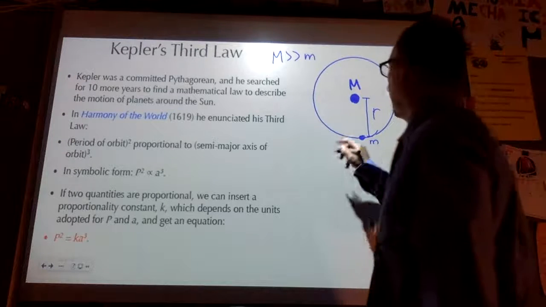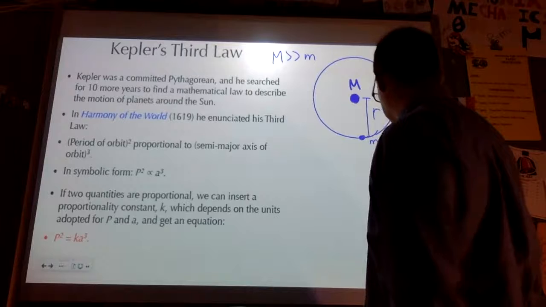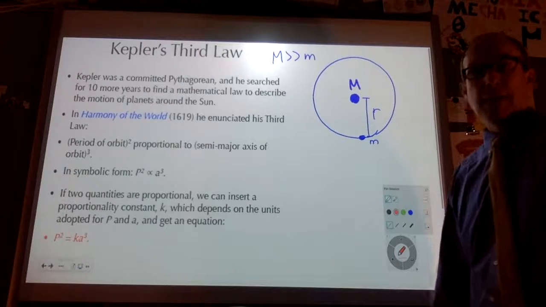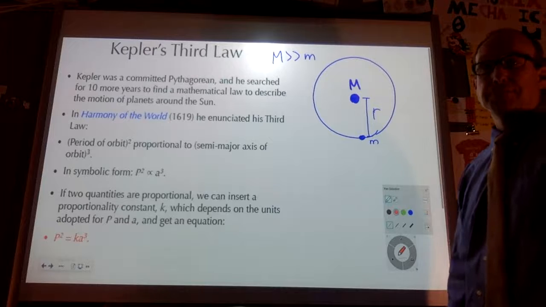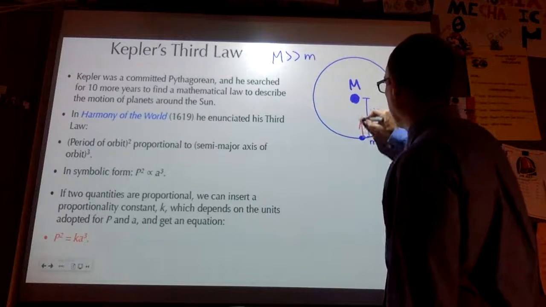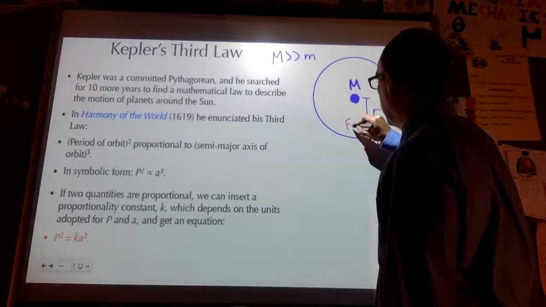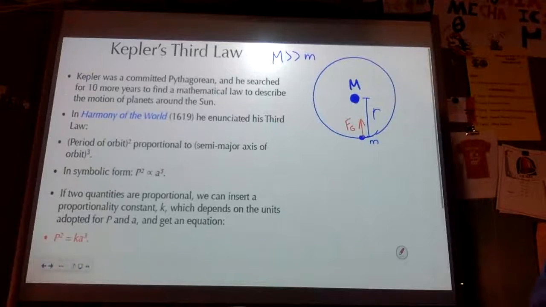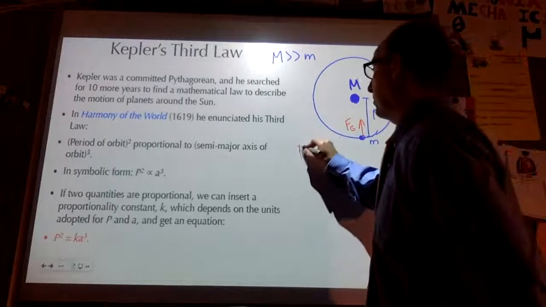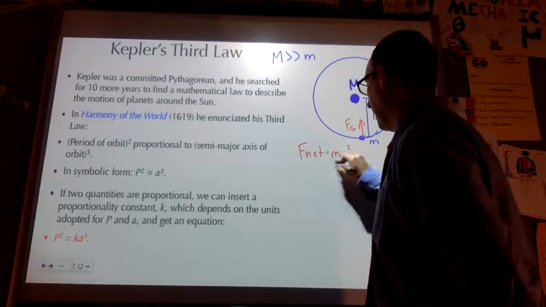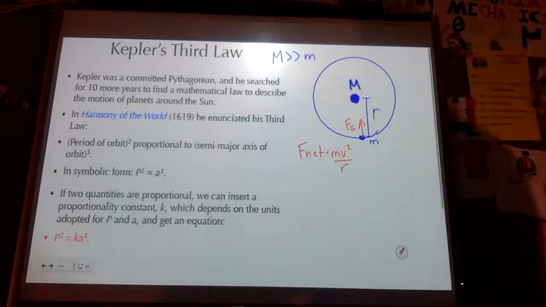All right, so for this m here, there is one force on it. That would be the force of gravity, and it would be directed towards the center. I would designate this as F with a big G. It's in uniform circular motion, so I would say that F net is equal to mv squared over r.